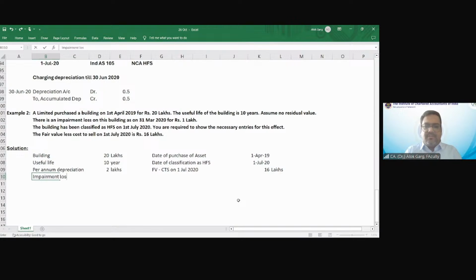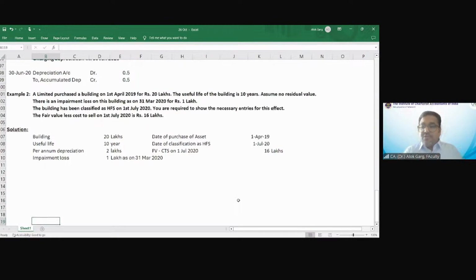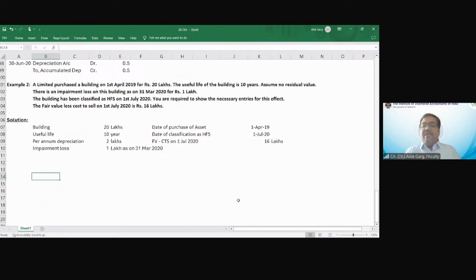Impairment loss 1 lakh as on 31st March 2020. Okay. So on 31st March 20, after depreciation there is one more item, which is what? That is impairment loss. So let me put the accounting entries.